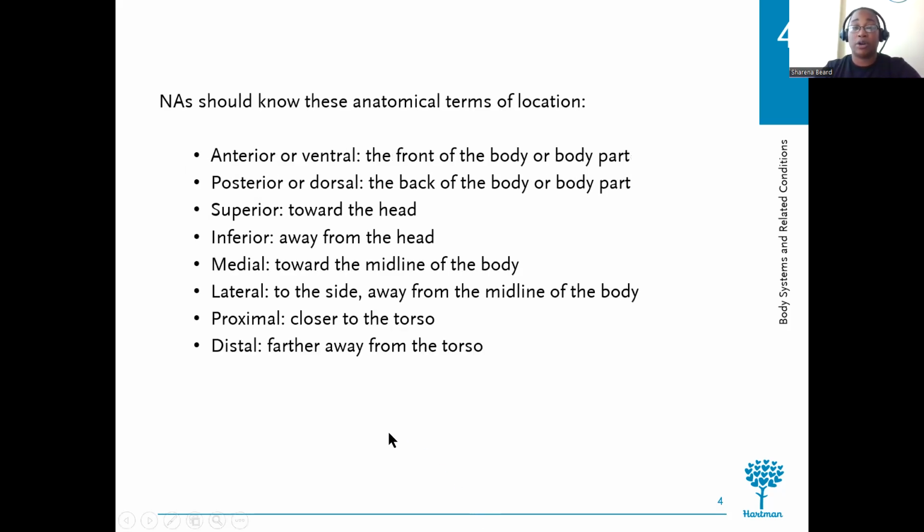So these are anatomical terms about location of the body. If you hear another healthcare professional say they have a rash or a mole on the anterior part of their body, and their posterior body is clear, then anterior means front, posterior means back.